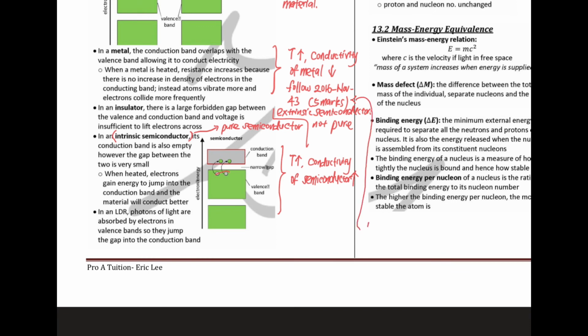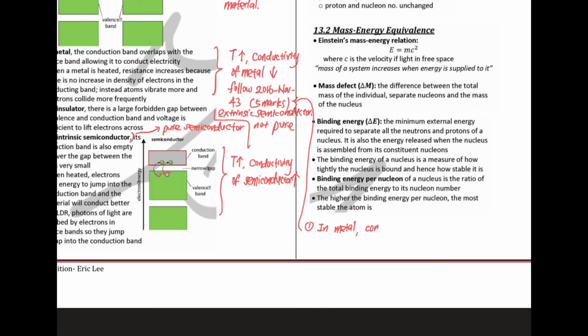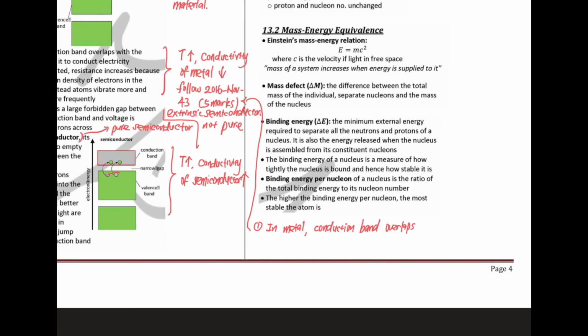So the first mark, you can say in metal, conduction band overlaps valence band.